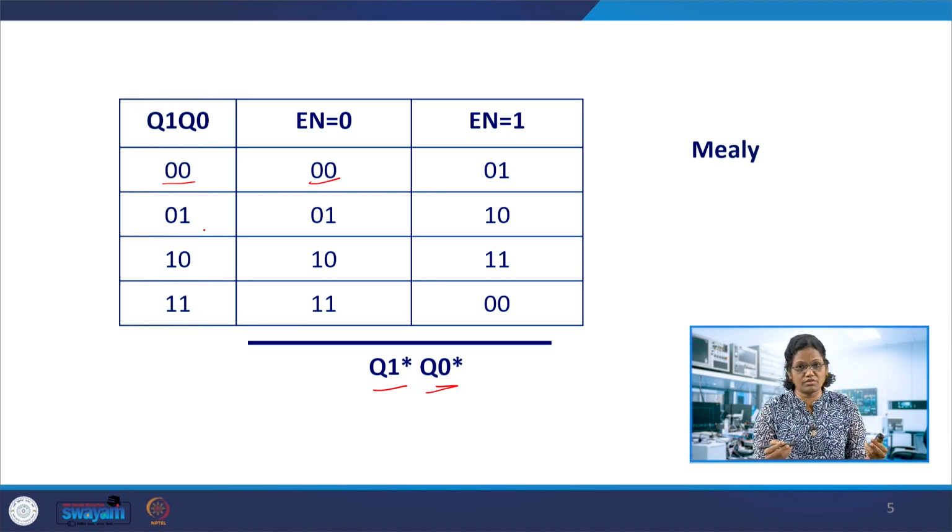Suppose we have 3 flip-flops, then you will have 8 states over here, and for enable 0, what are the Q0 star and Q1 star, and for enable 1, how do this Q0 star and Q1 star change. Similarly for enable 0, when Q1 and Q0 are 0 and 1, what should be the Q0 star and Q1 star?